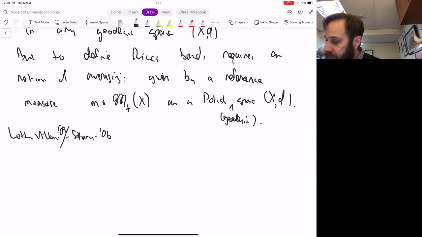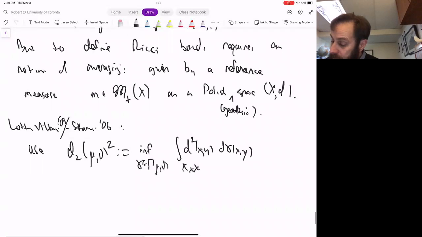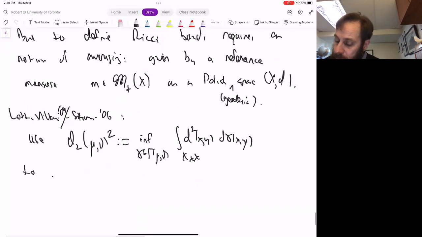So we can always use the distance d2(mu, nu), which by definition is the inf of, that's the squared, to metrize the probability measures with second moments.